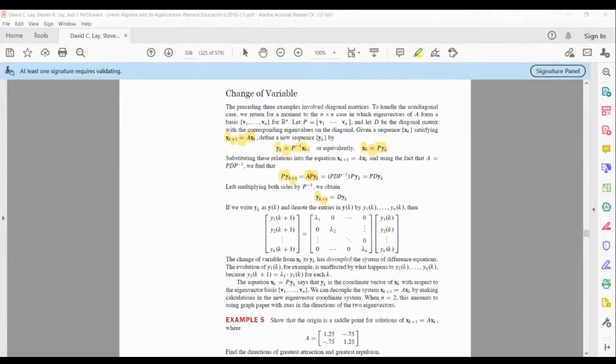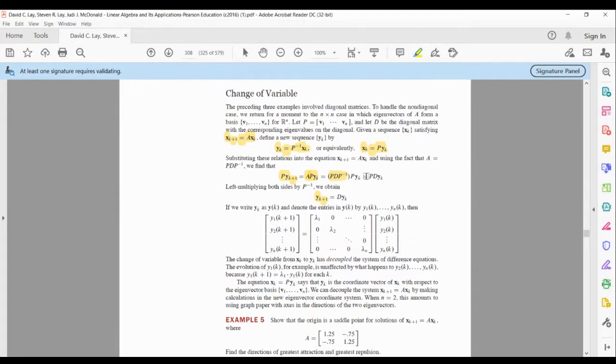Let me see here. I looked this over, and now I'm a little bit unsure. If we keep going with it, A does equal P times D times P inverse. We're assuming A is diagonalizable.